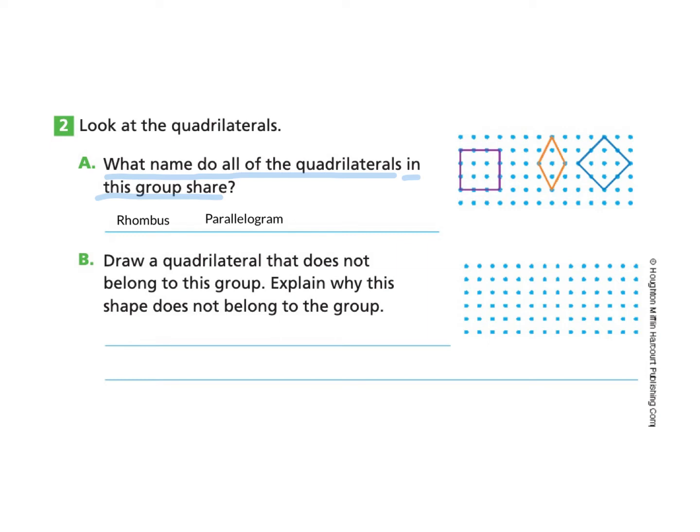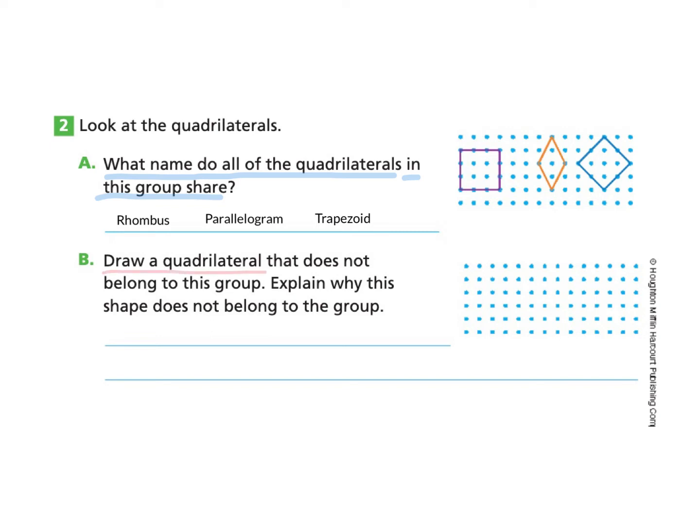I know these shapes are also parallelograms because they have two pairs of parallel sides and two pairs of opposite sides of equal length. And I know they are all trapezoids because they have at least one pair of parallel sides. Let's take a look at part B.